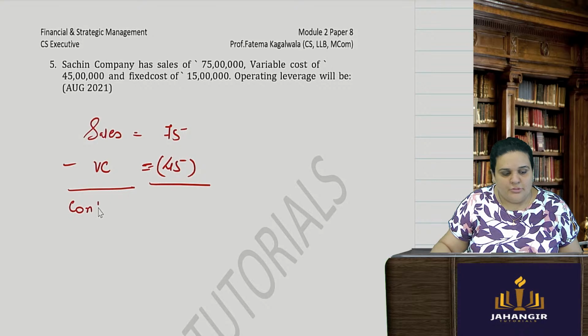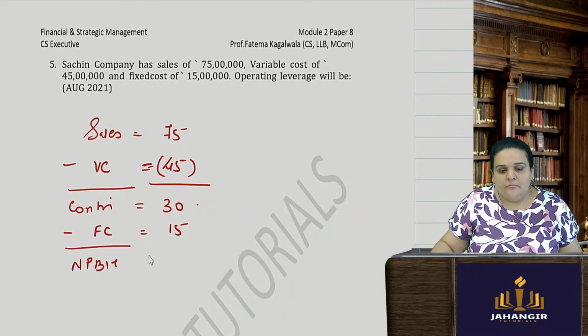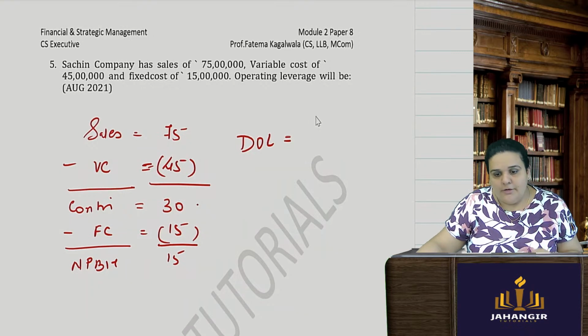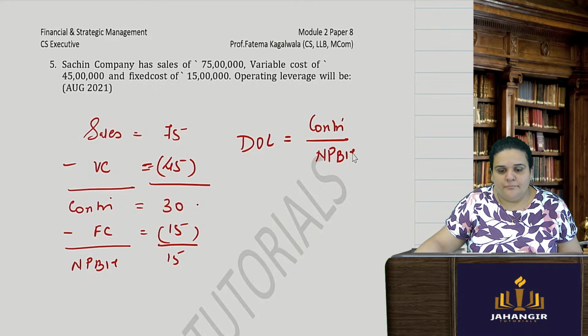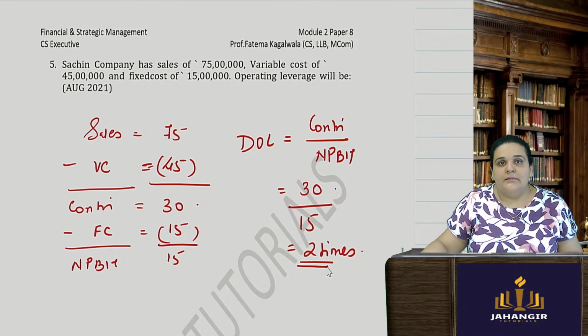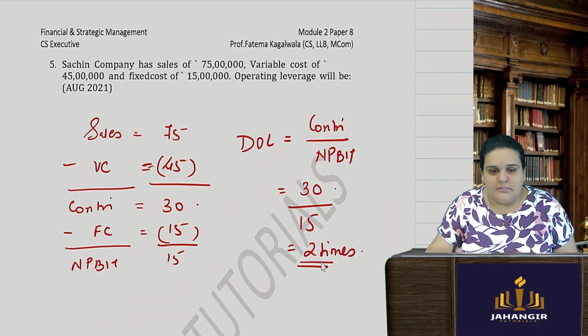So my contribution is nothing but 30 lakhs, minus my fixed cost, which is 15 lakhs. NPBIT is 15 lakhs. Degree of operating leverage is contribution upon NPBIT, which is equal to 30 lakhs upon 15, 2 times. Simple, it is so easy.